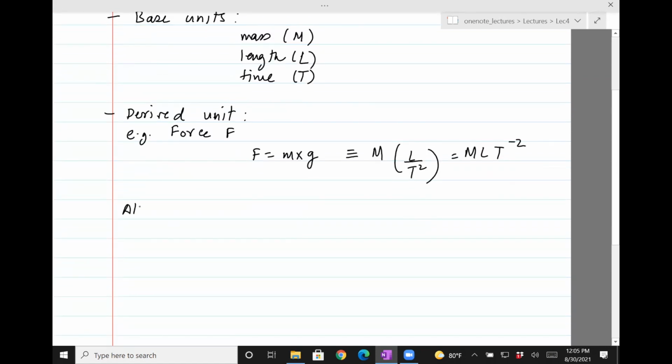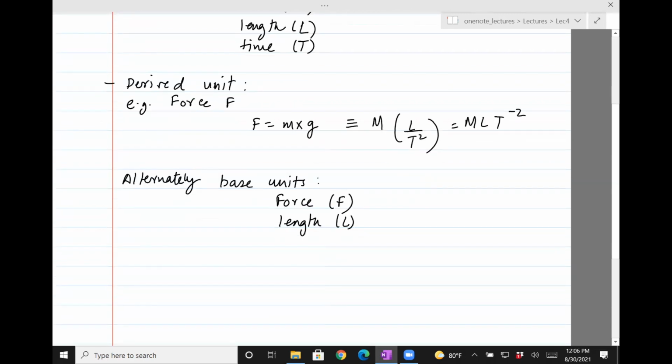Alternately, you could define a base unit in terms of force, length, and time. So let's say our base units are force, which we denote by F, length, which is L, and time, T. In this case, mass doesn't really have its own unit.